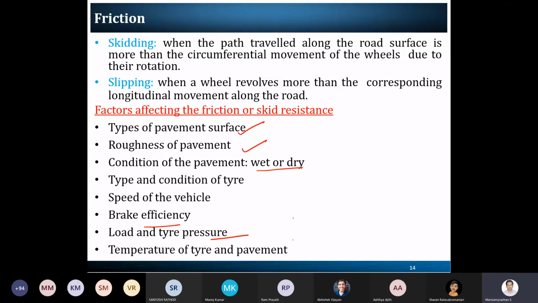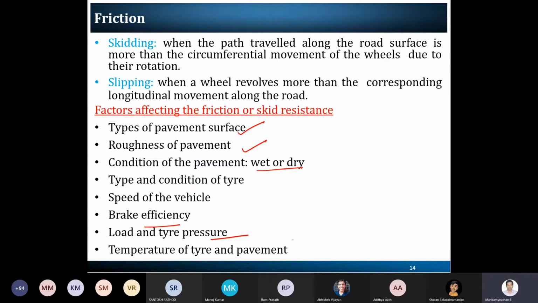All these factors need to be considered for the friction or skid resistance when the vehicle is traveling on that particular horizontal curve. Basically it is happening between the tires and the pavement. We can say hydroplaning. Okay, so when it comes to water, the droplets, how it happens in the gap between the tire tread which is designed.